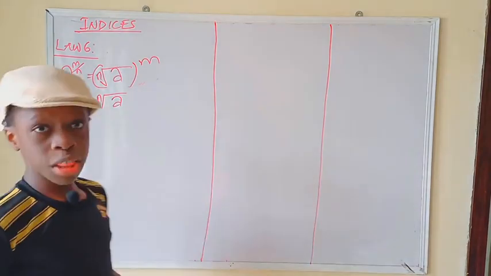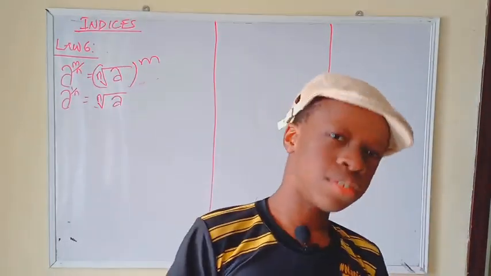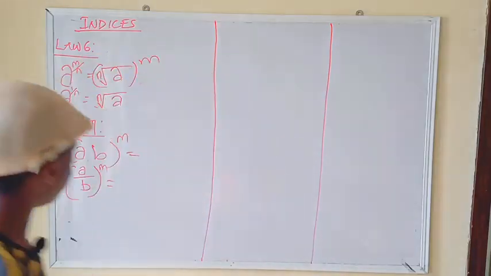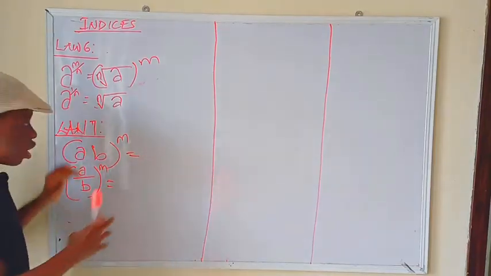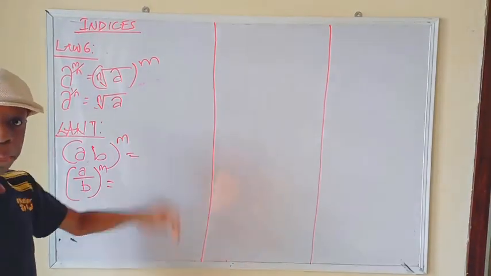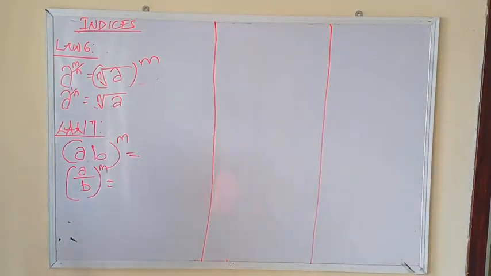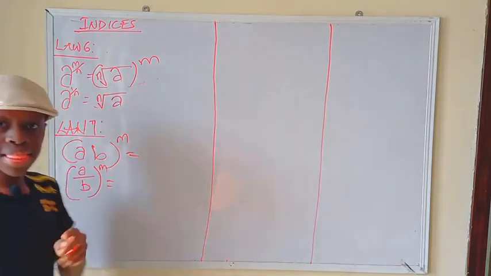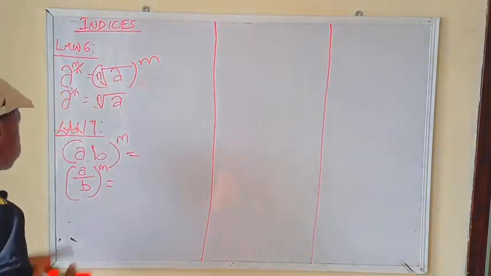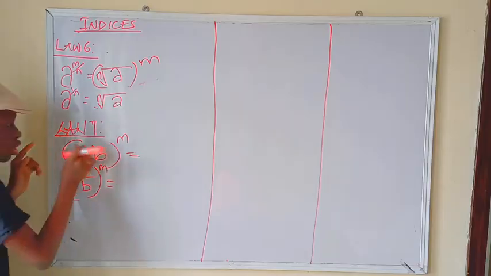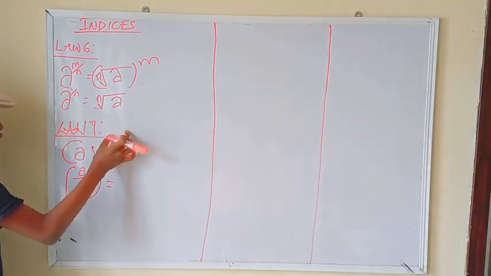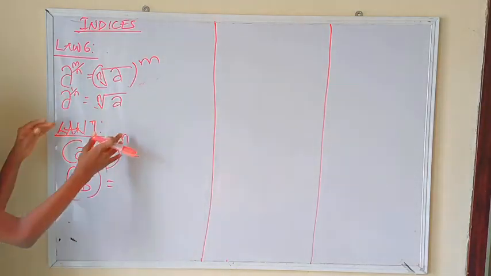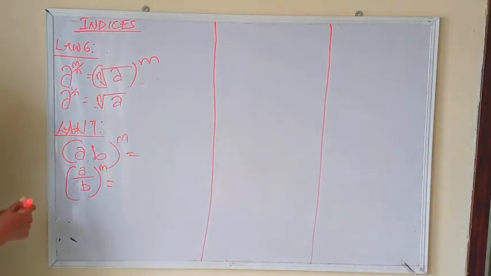So now, let's move over to law 7. This is law 7. It greeted us with (ab) in brackets raised to the power of m. Remember that I said in my former laws that when a bracket is enclosing a base and there's a raised to the power near it, the raised to the power affects everything that is here.